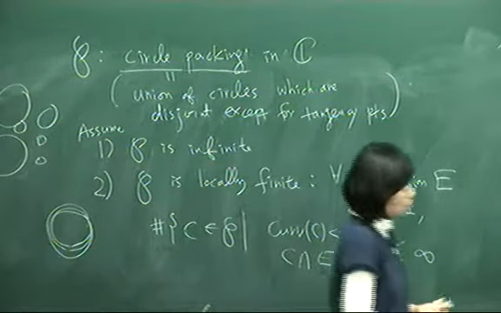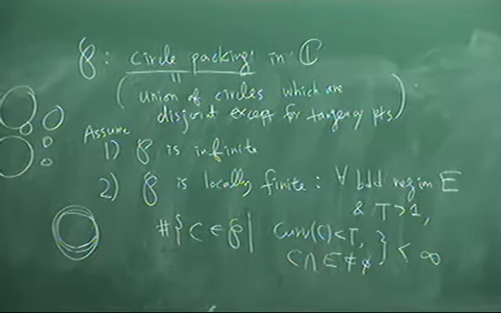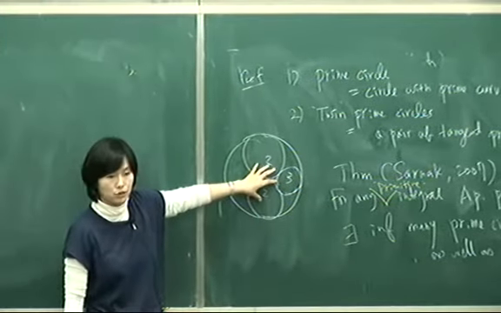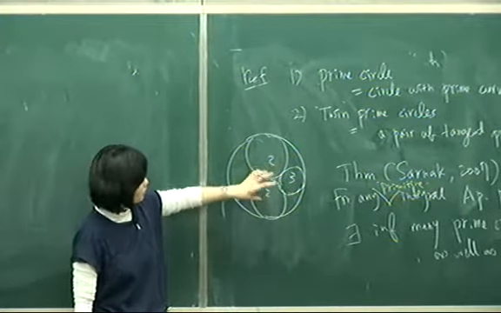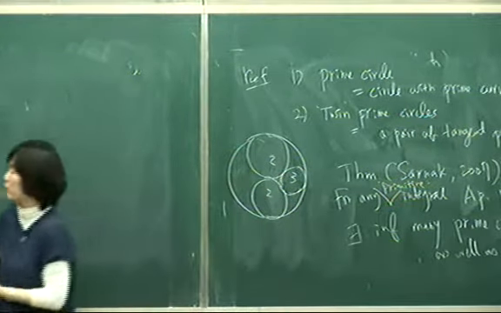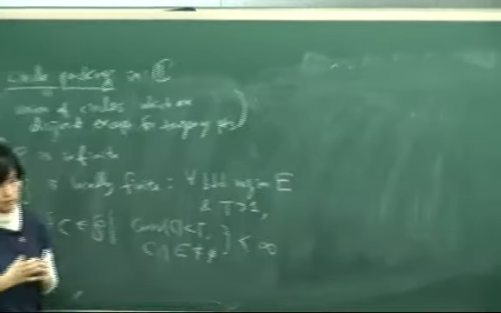A very important property of this circle packing, which enables us to count these circles, is that in this Apollonian packing, it turns out, there are a lot of hidden symmetries, which I'm going to explain later. So we have to impose that this circle packing has a lot of symmetries.